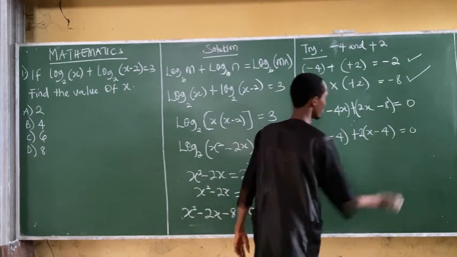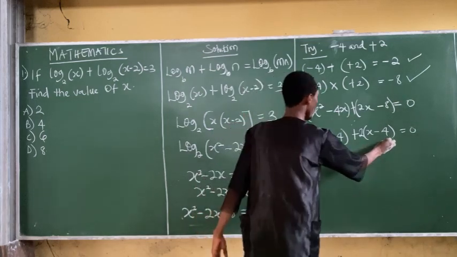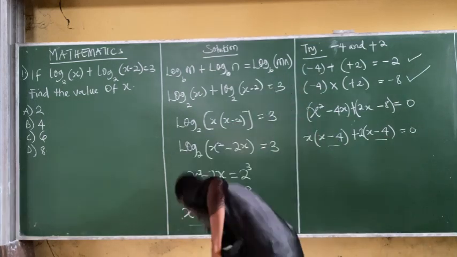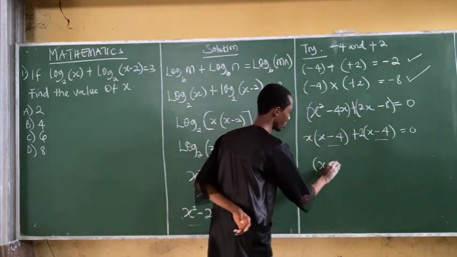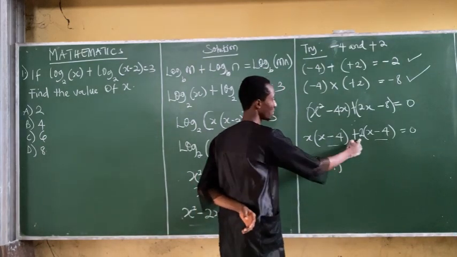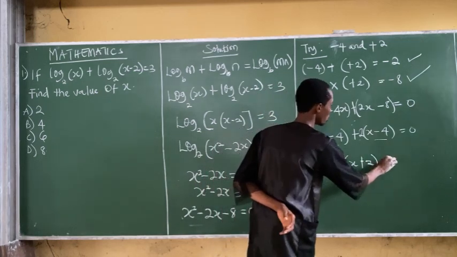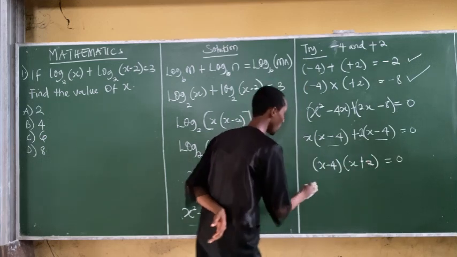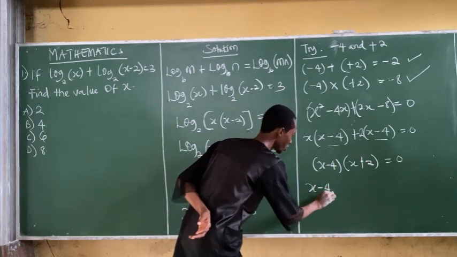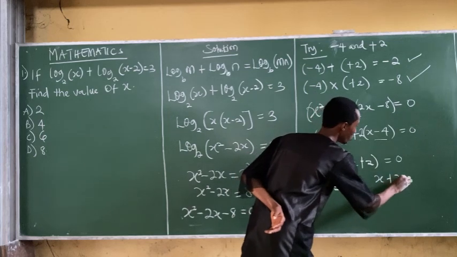This will give us 0. Now, what we have in this bracket is the same as in this bracket. So we pick one, which is (x minus 4), and the one outside the bracket, which is (x plus 2), is equal to 0. If we equate each to 0, we have x minus 4 is equal to 0, and x plus 2 is equal to 0.